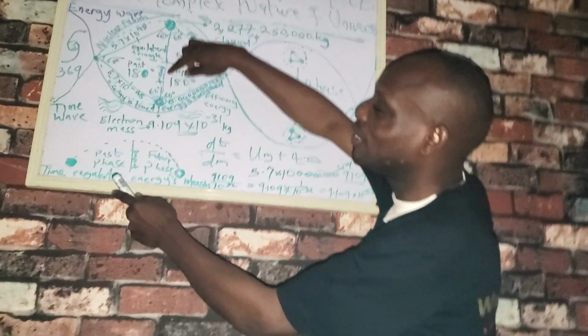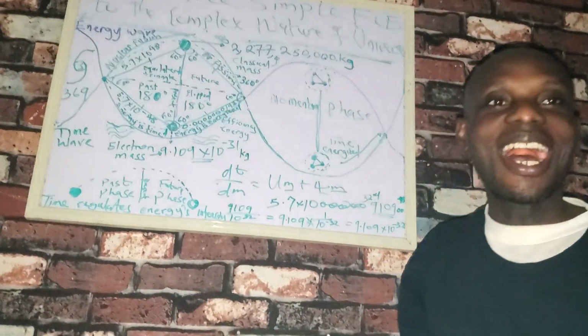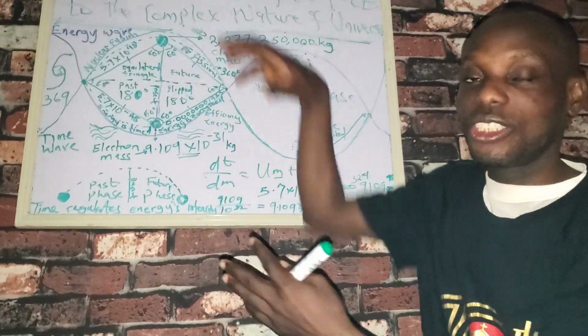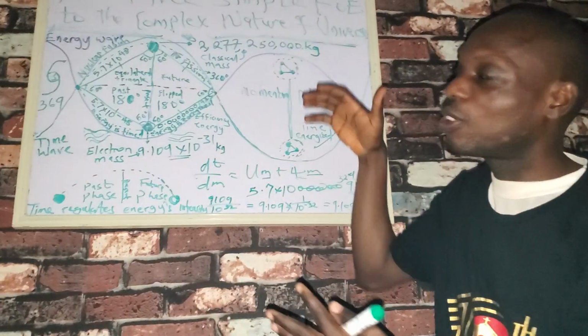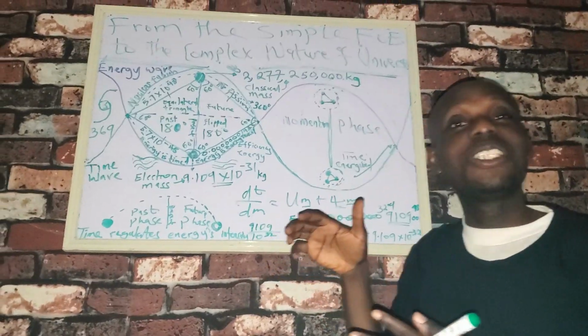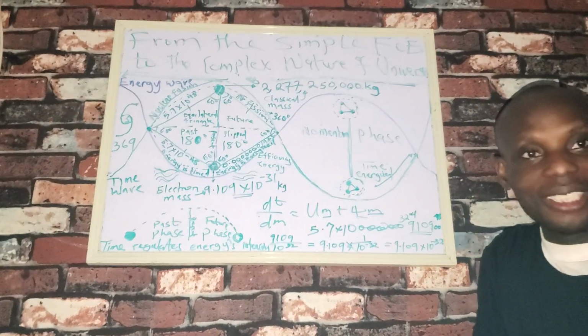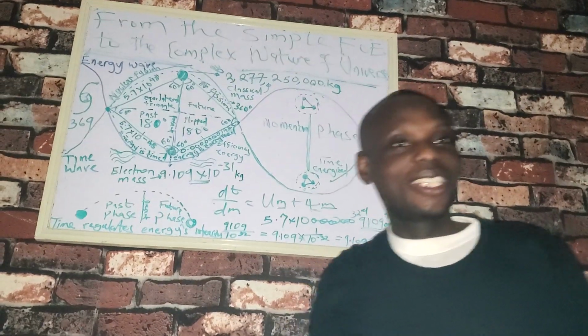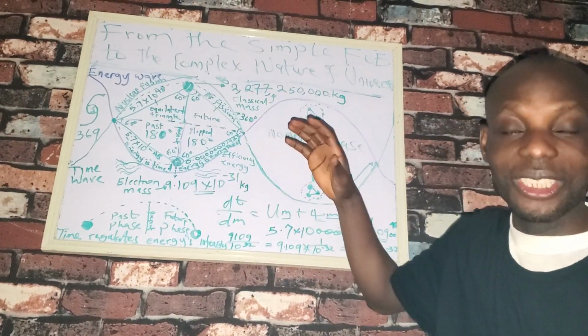Time emerges from the singularity as energy emerges, and from the interaction of energy to time, we have space. And I said that space is not even emergent. Don't even think that space is emergent as a result of that relativistic scaling of time to energy.